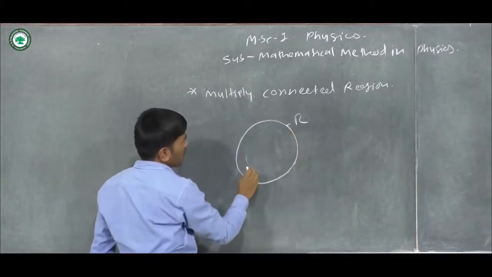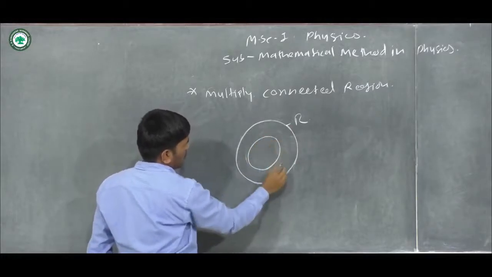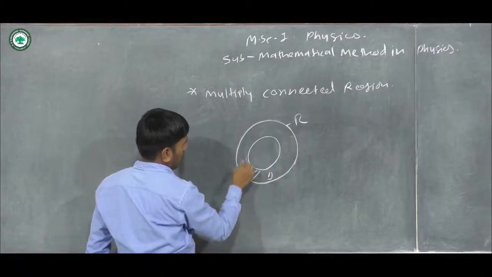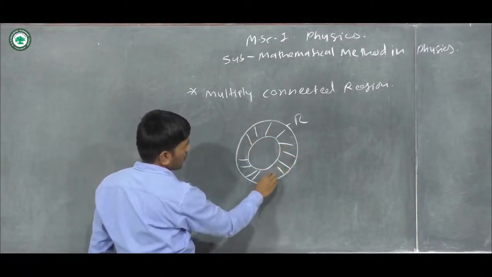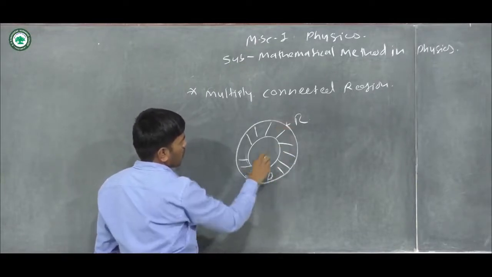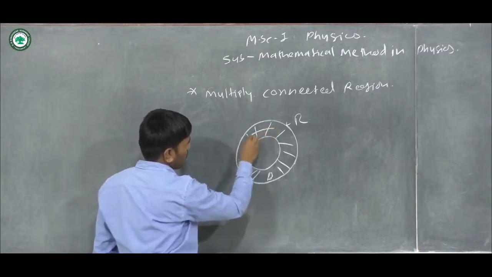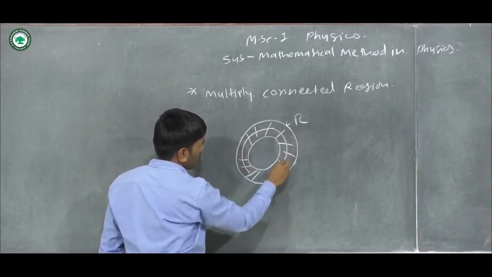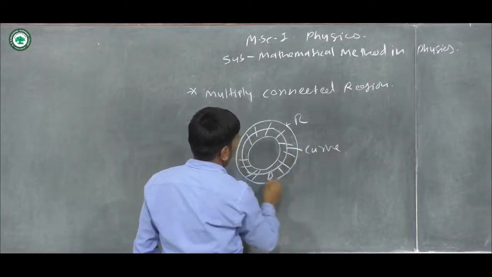Now for the multiply connected region, here also this is D. You can call this a domain or a region, it is the same thing. Suppose I consider one closed loop C in that region, and here is a point.